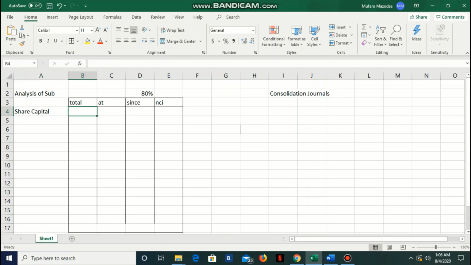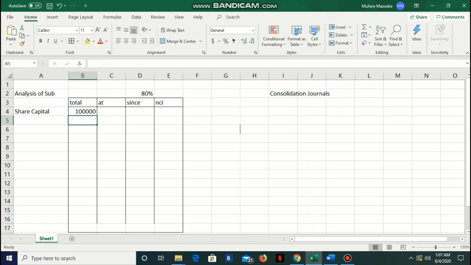The share capital at acquisition was 100,000 rand of sub, and I should probably make these amounts equal because we're working in Excel. That's 100,000 rand, sorry about that.